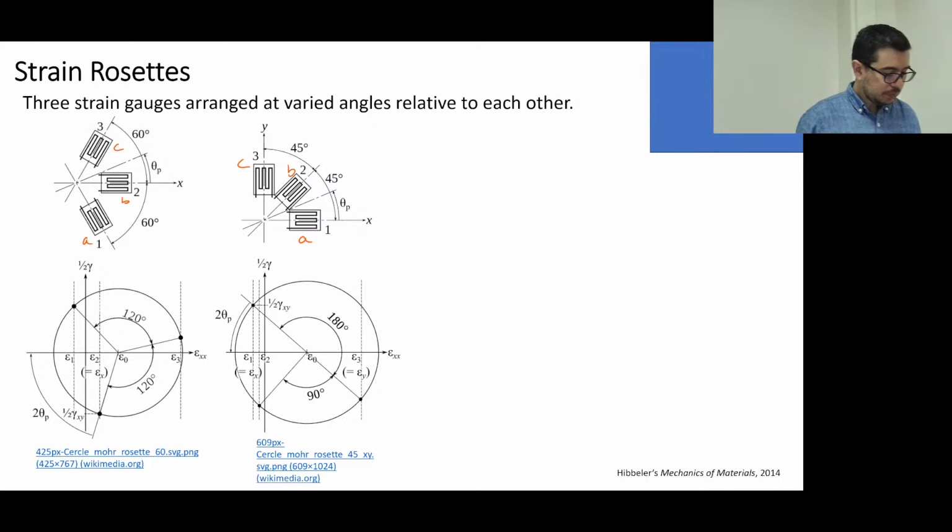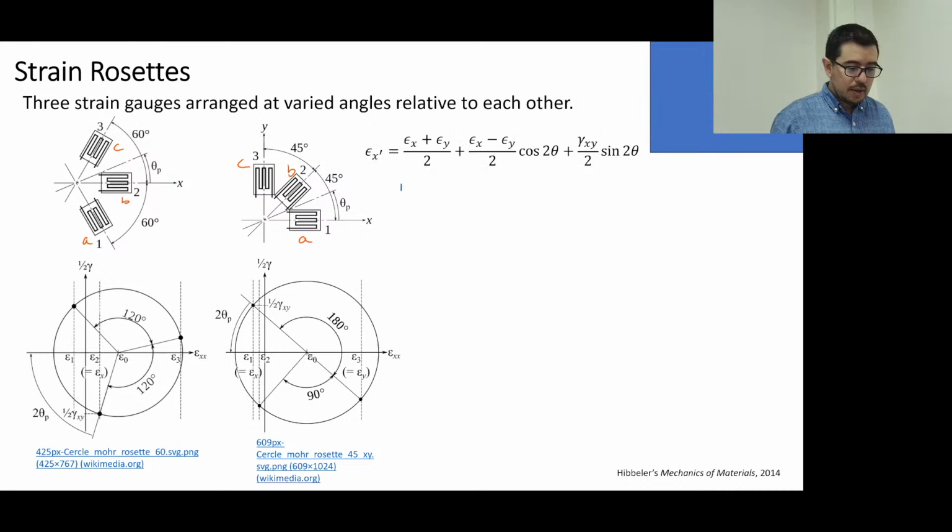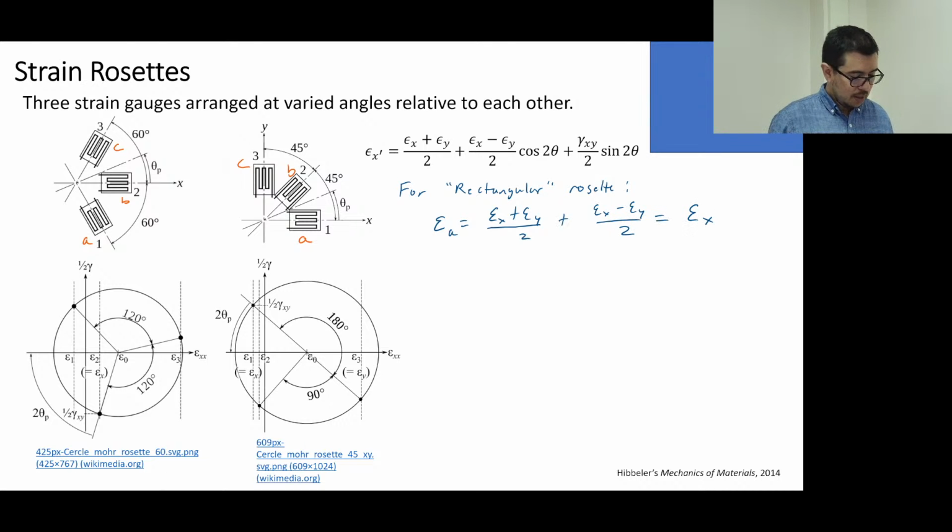The rectangular rosette is the one at the bottom. Why? Because this one is at 90 degrees relative to the other. So this rectangular one is going to have epsilon A. Everyone see this? Epsilon A is essentially equal to epsilon x.